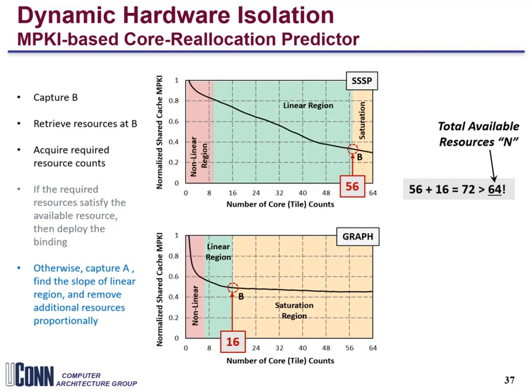Now let's consider another example where the resources at point B turn out to be 56 and 16. Clearly, the sum of these resource counts turns out to be greater than the total available resources, which is 64. Thus, we need to remove these additional cores to satisfy the constraint. The heuristic then captures point A and computes the slope of the linear regions for both processes.